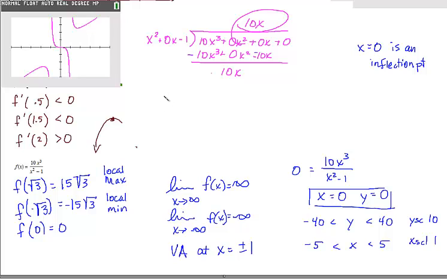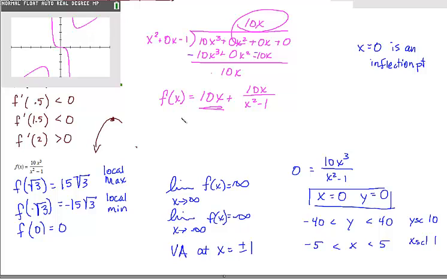So I could say that f of x equals 10x plus 10x over x squared minus 1, and this is the equation for my slant asymptote.